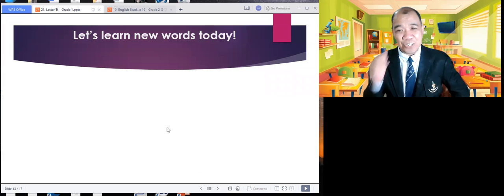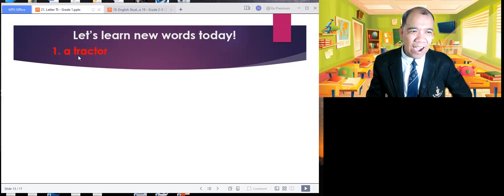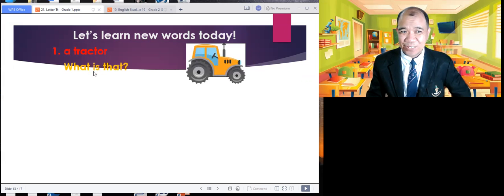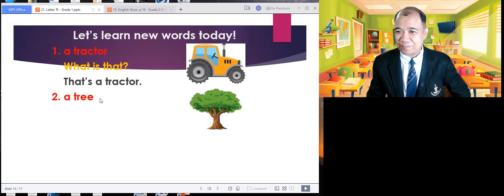Now let's learn new words today. Okay. A tractor. What is that? That's a tractor. A tree.